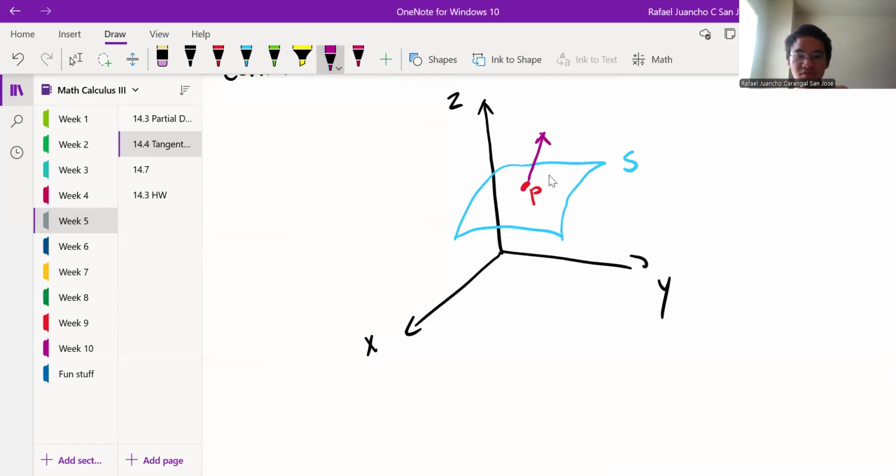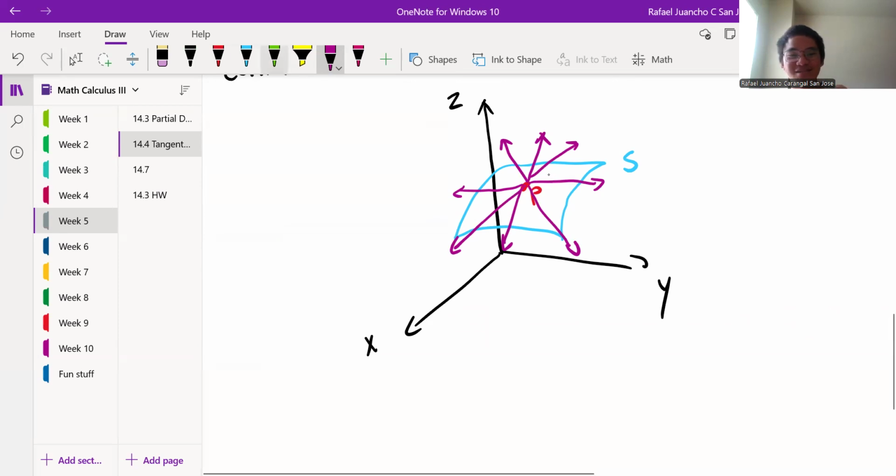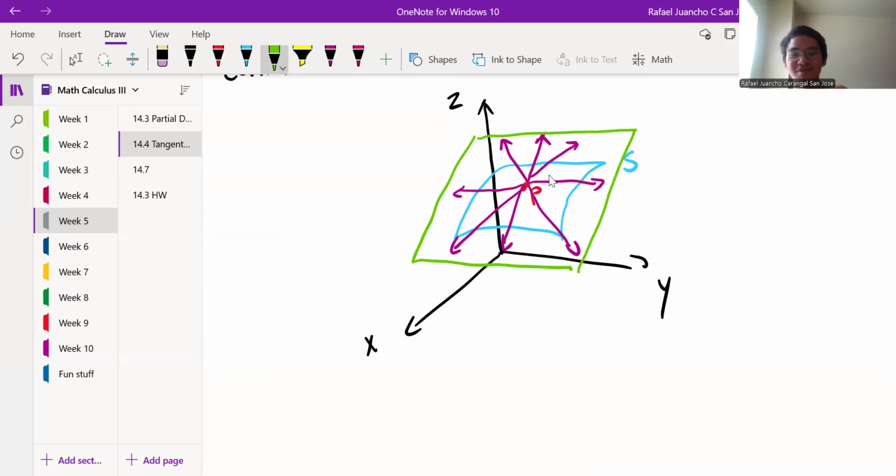We take partial derivatives. But what we don't realize is that we actually can take a lot of those tangent lines. So why not just draw a tangent plane, and this tangent plane contains those infinite number of lines that are tangent at this point P on surface S, right?